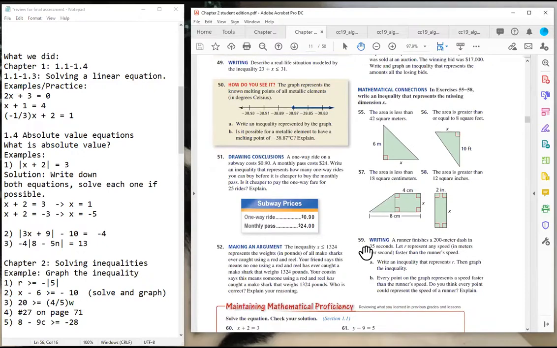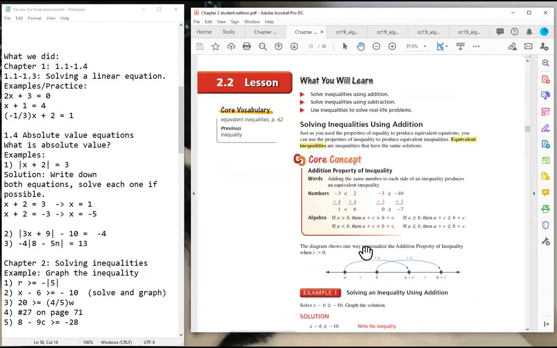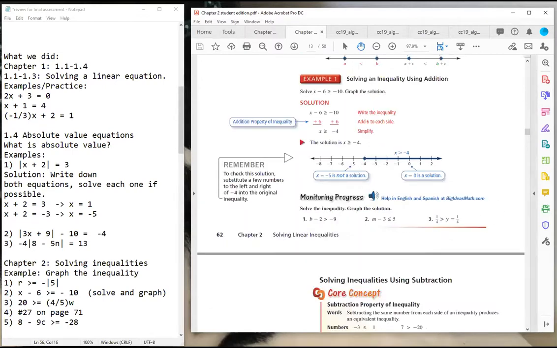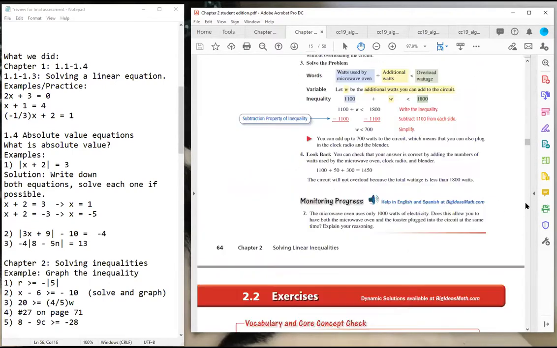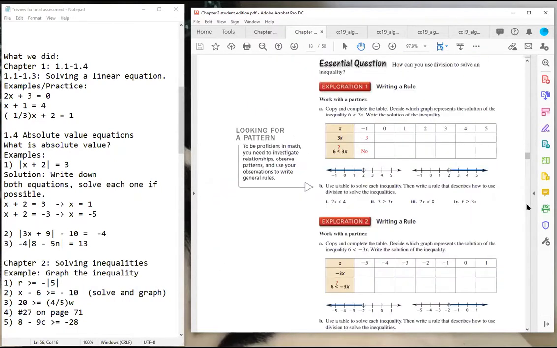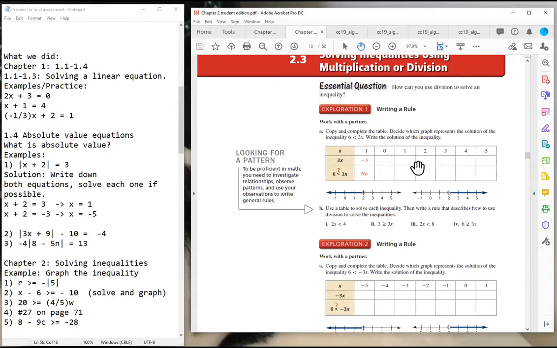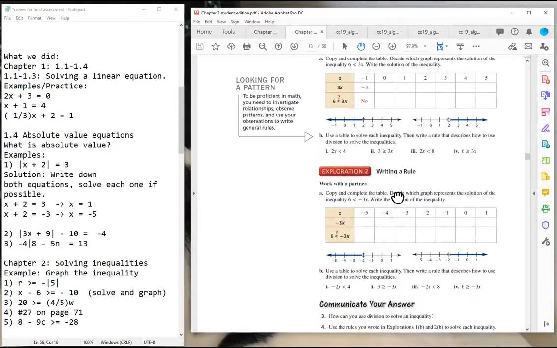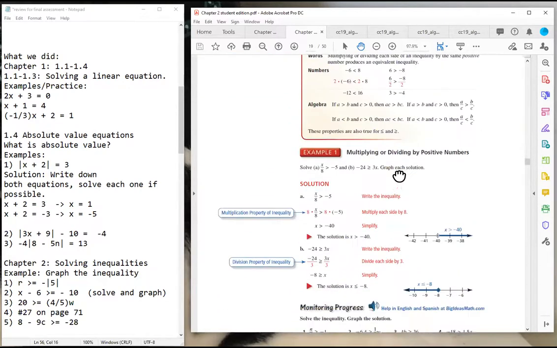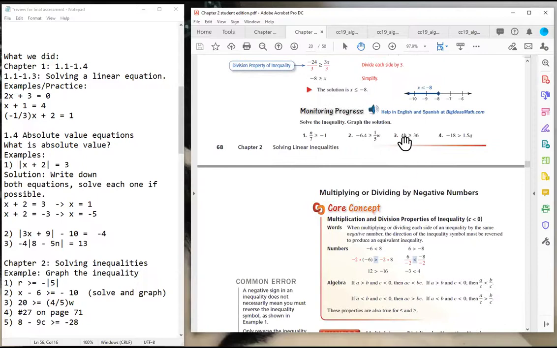But on the other hand, where's page 71? Let's come down a little bit. On the other hand, if you look at section 2.3, the thing that we really had to learn, my computer's being a little slow.